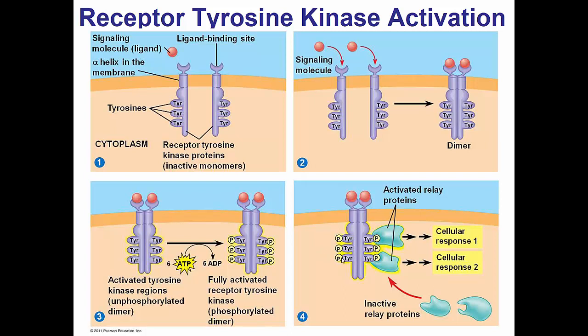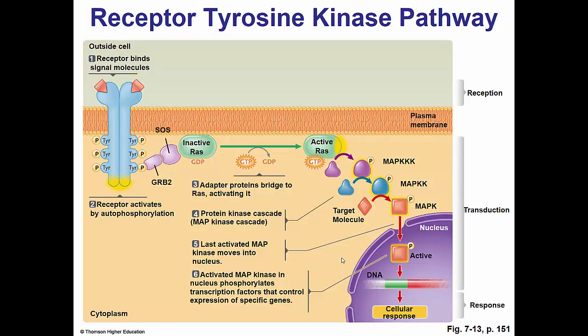So now that we understand a little bit about receptor tyrosine kinase activation, I'd like to go through the broader pathway. So in the receptor tyrosine kinase pathway, once again, when the receptor binds the signal molecule, the growth factor in this case, the receptors then dimerize, and that leads to phosphorylation of tyrosines in the cytoplasmic domain. And then an adapter protein called GRB2 binds the phosphorylated tyrosine, and it acts as a scaffold to recruit another protein, SOS.